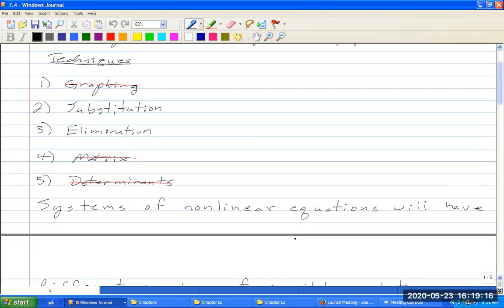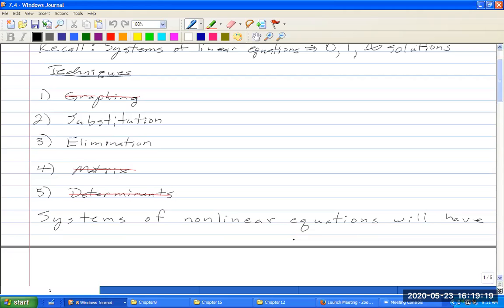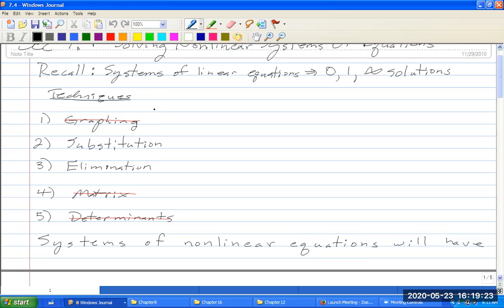Some of the techniques that were available for solving linear systems: graphing technique, substitution, elimination, the matrix methods, and determinants. Obviously, trying to draw nonlinear systems, something that's nonlinear, finding where it intersects another nonlinear graph is going to be extremely difficult.